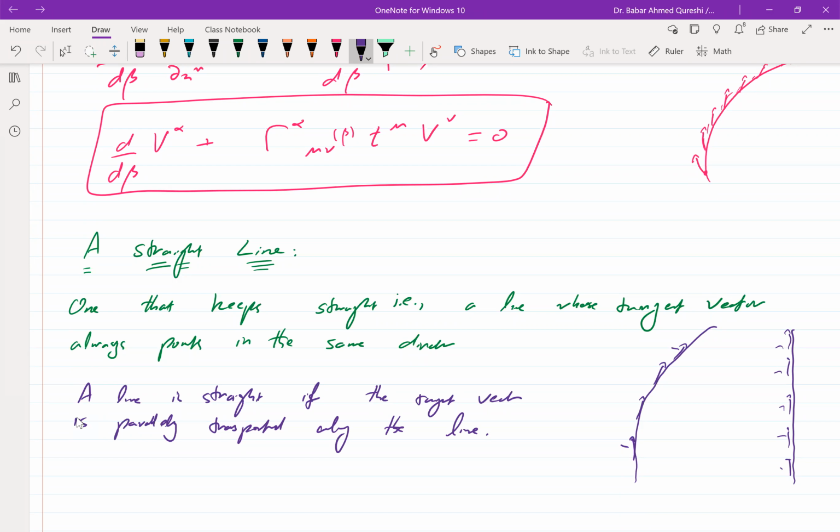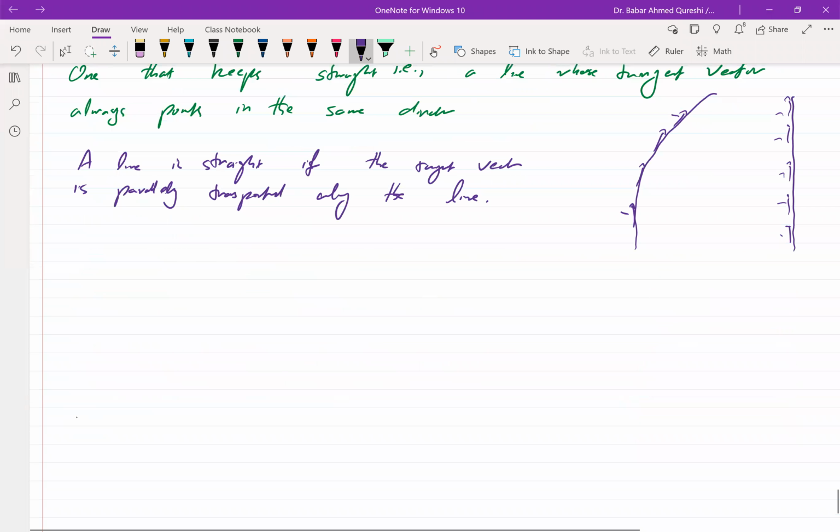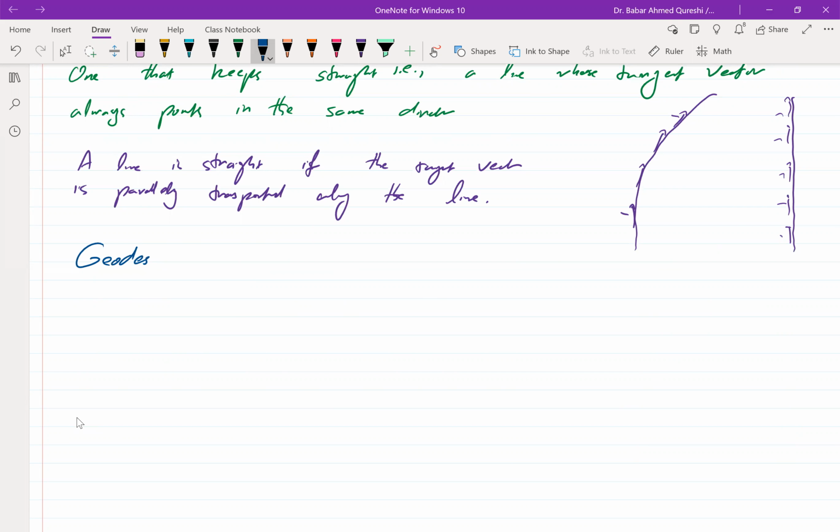And you are just checking if this field is the one which is being parallelly transported along the curve. If it is, then it would be a straight line, or a geodesic. This definition of geodesic is not in terms of any shortest length, but it turns out it's the same. So it's kind of a proof that straight lines have the shortest, or at least maximal, distance.